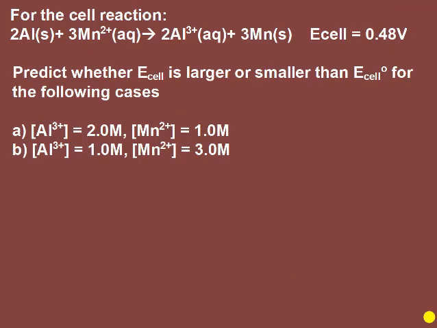Let's look at 2 more examples. So on A, it says that we have 2 molar for this one. So this one is still 1 molar because it tells us 1 molar. So we have 1 molar and 2 molar. This time our product increased. So if I do 2 squared over 1, that gives me 4. That's larger than 1. So my Q is greater than 1, so E cell should decrease.